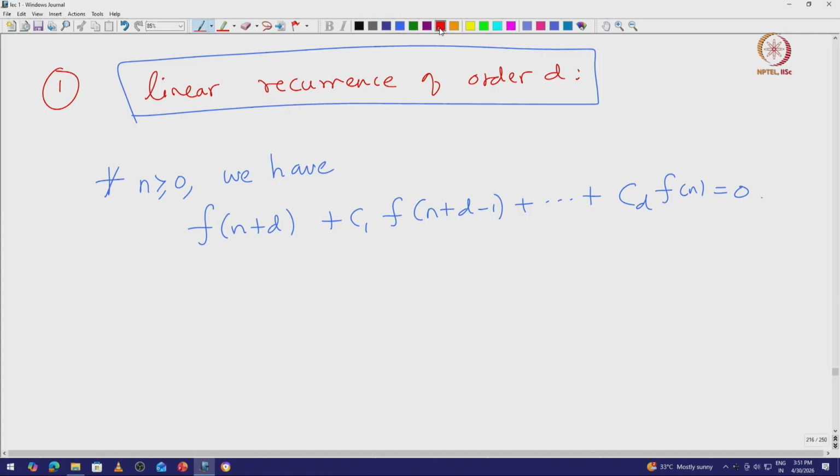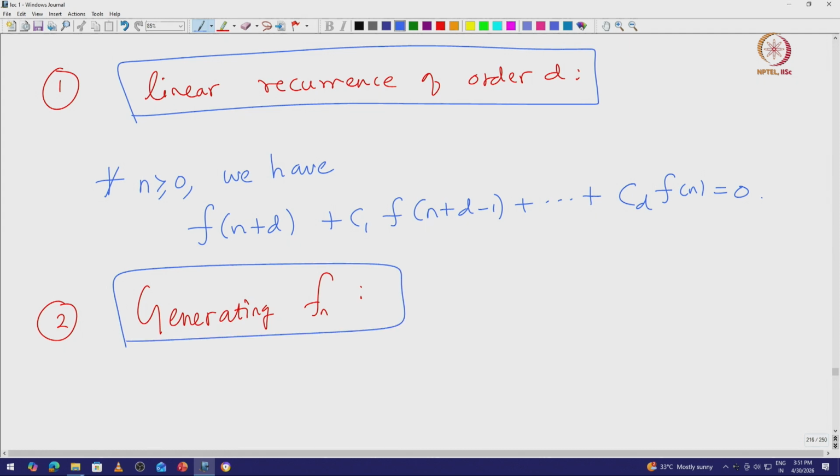Now, the second statement says how to solve this recurrence, which uses what is called the generating function. If we look at the generating function of this counting function f of n, then we have f of z equal to the sum of f of n z power n, where n is varying from 0 to infinity.